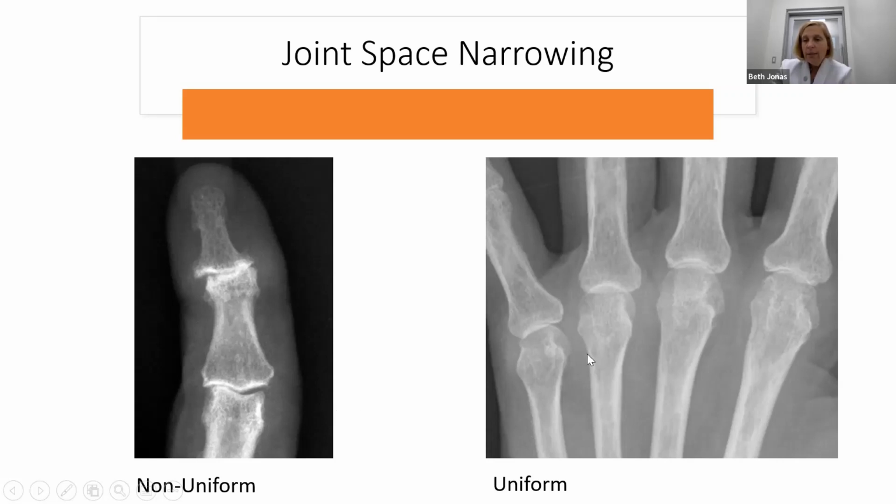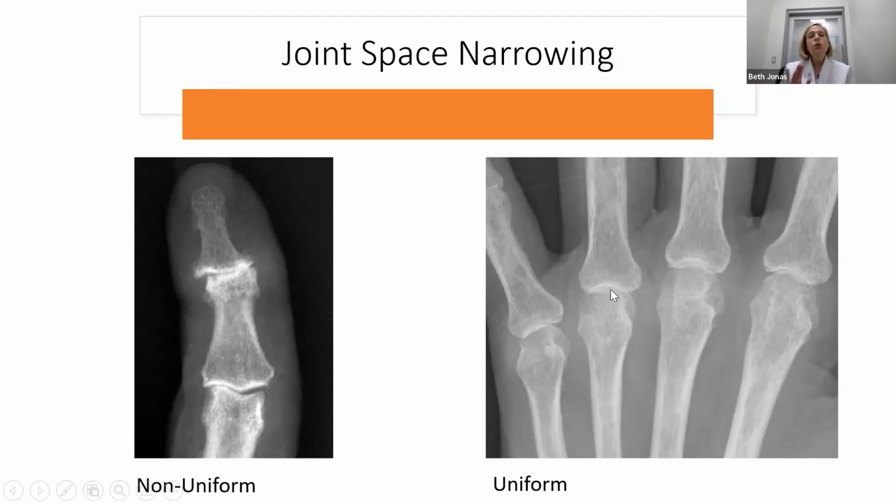On the right, we can look at all of the MCPs, which are all narrowed. If you look at an individual one, this is the third MCP, you can see across the whole joint, it is uniformly narrowed. So this is uniform joint space narrowing.